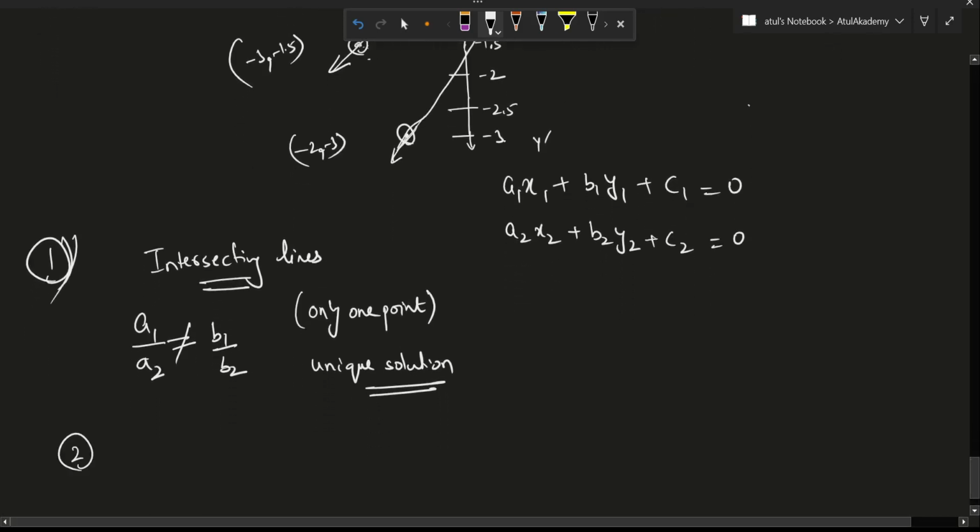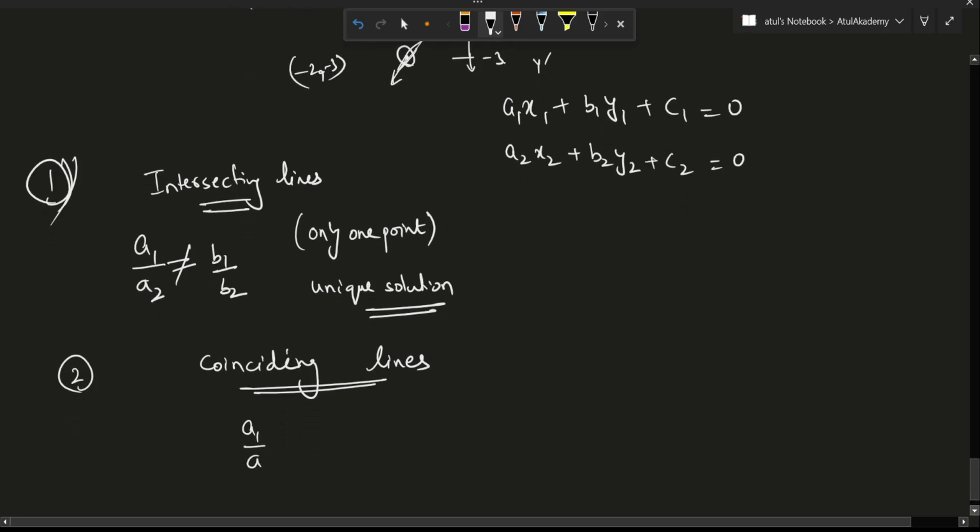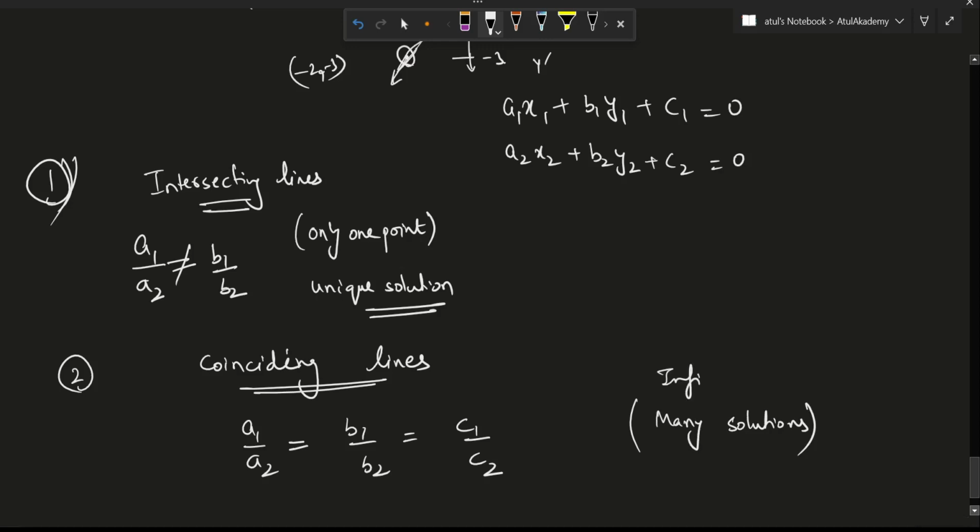The second one is that the lines will coincide. Coinciding lines means they overlap each other. In that situation, the condition to be satisfied is a1 by a2 equals b1 by b2 equals c1 by c2. Coinciding lines have infinitely many solutions.